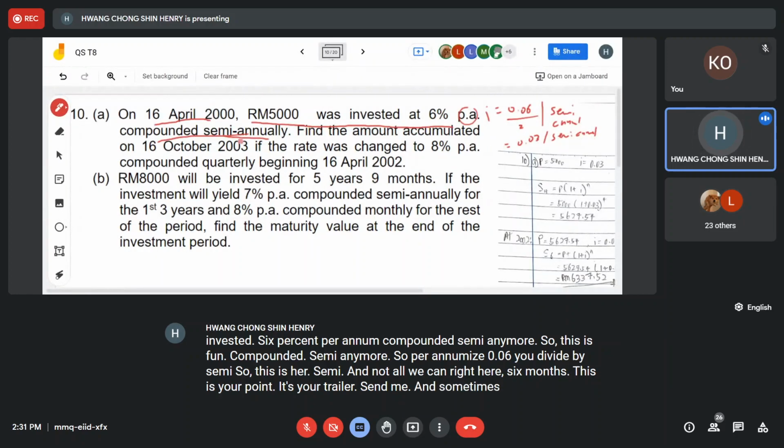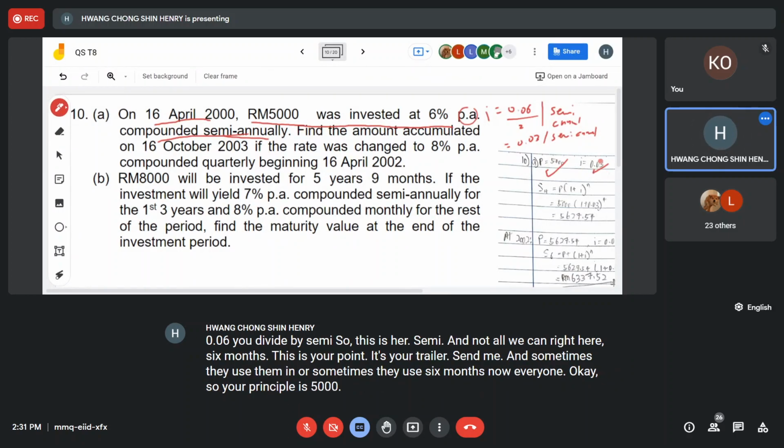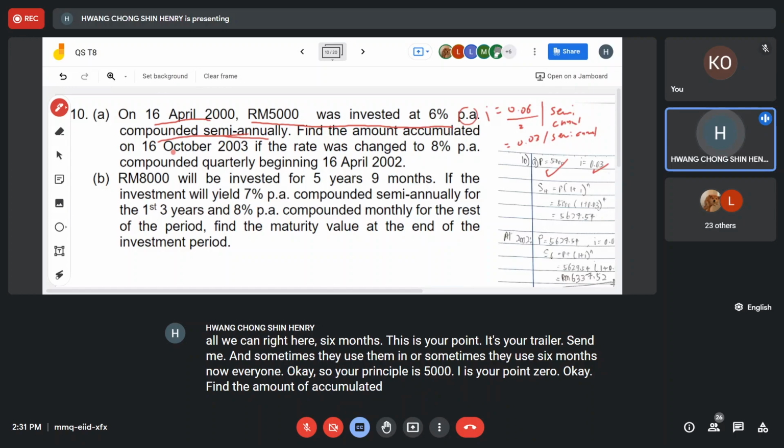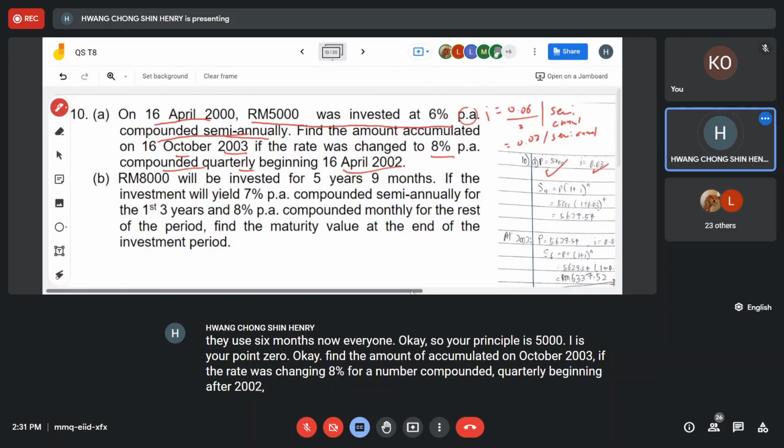Sometimes they use semi-annual, sometimes they use 6 months, everyone. So your principal is 5,000, I is 0.03. Find the amount accumulated in October 2003 if the rate was changed to 8% per annum, compounded quarterly, beginning April 2002.